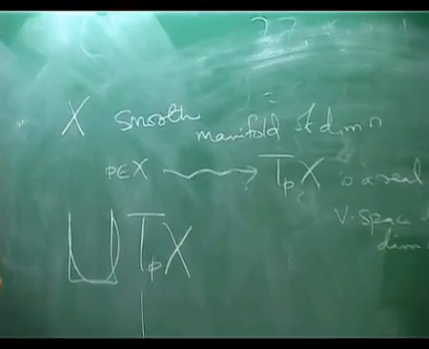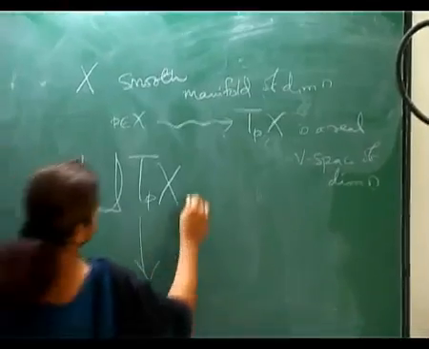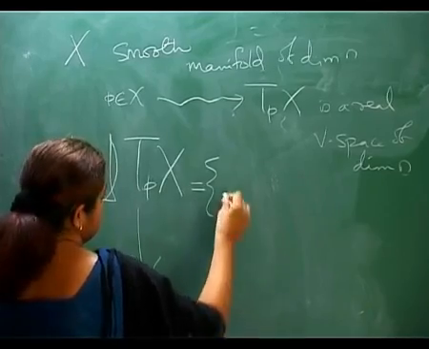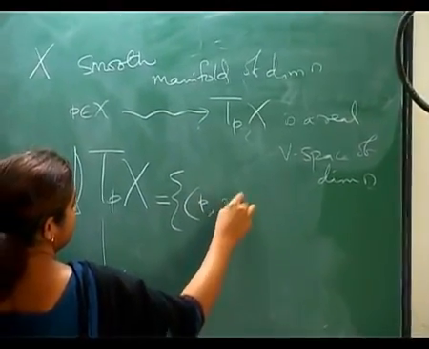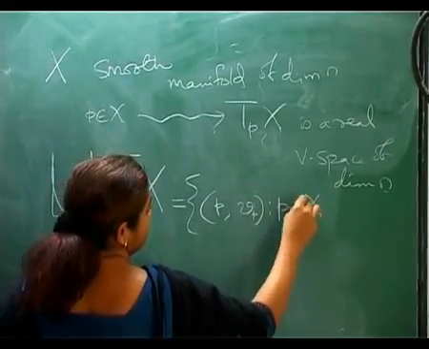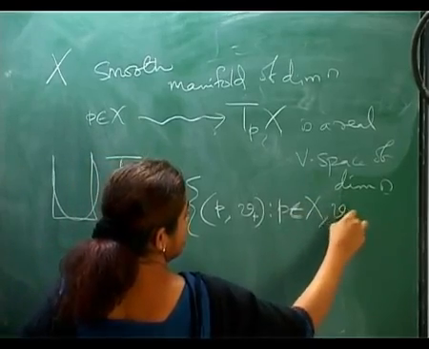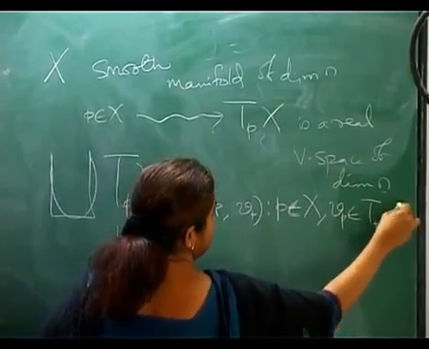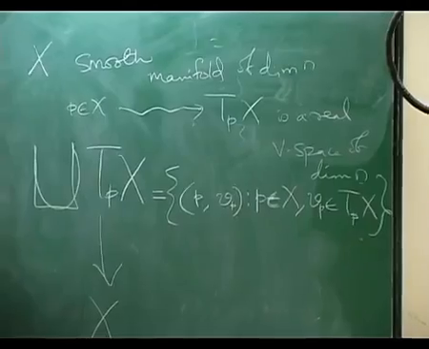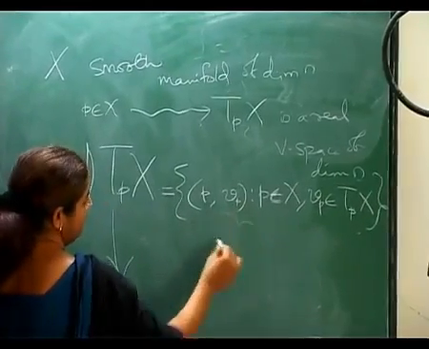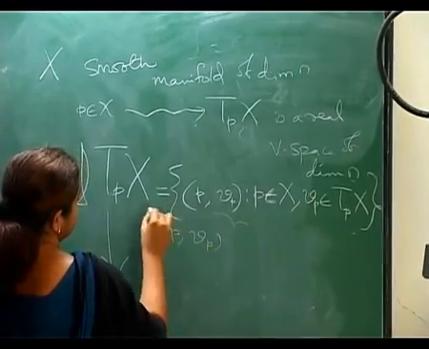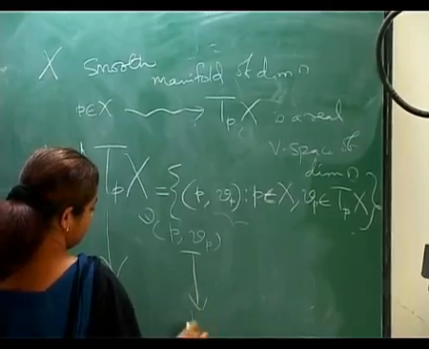This admits a map to X itself, because this is precisely the collection of all pairs P and the vector Vp, where P is a point on X and Vp is a tangent vector at this particular point on X. For any such pair, you send the point P and Vp to the point P.